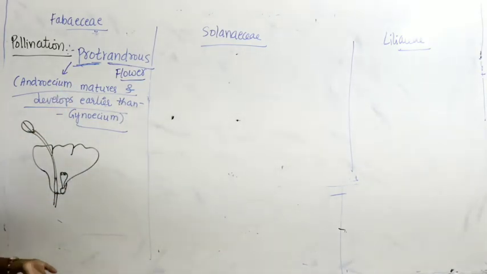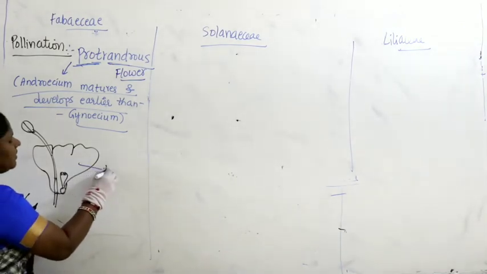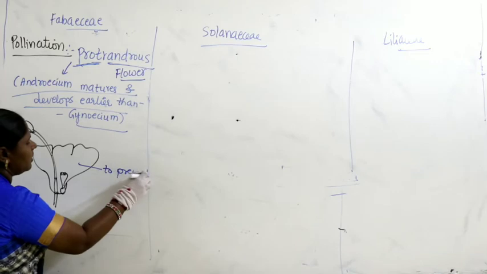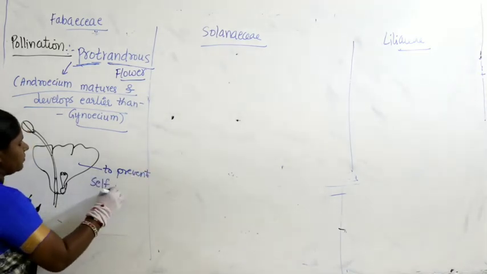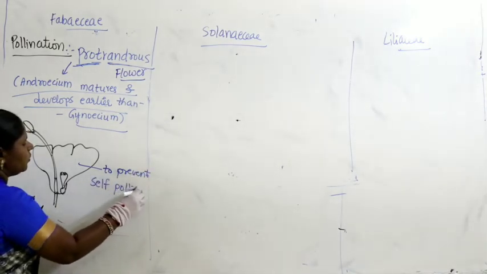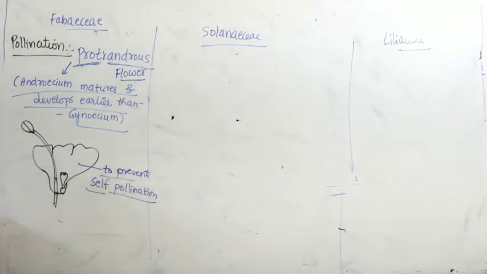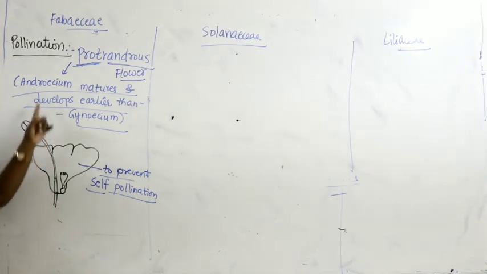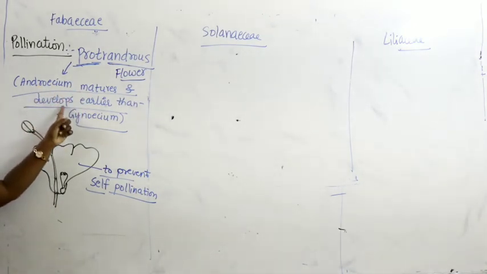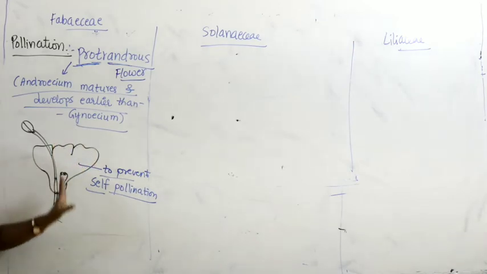Why does this generally happen? Generally this happens to prevent self-pollination. To prevent self-pollination, androecium matures and develops earlier than gynoecium.